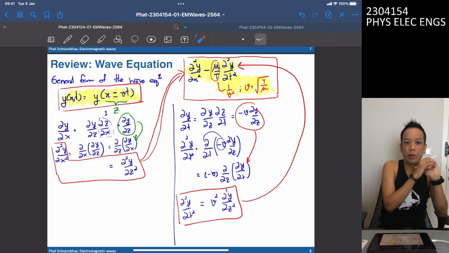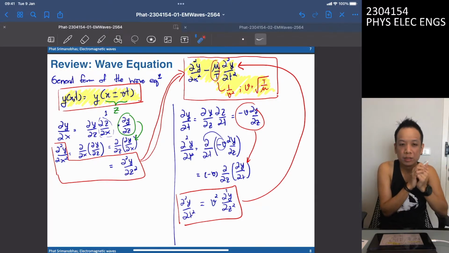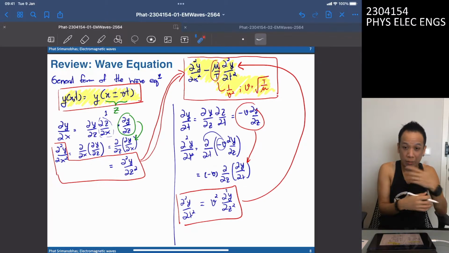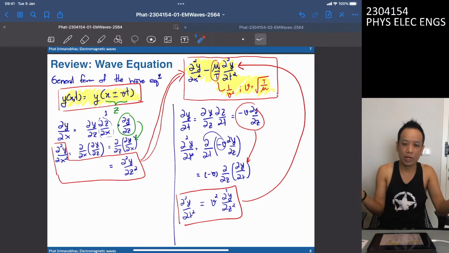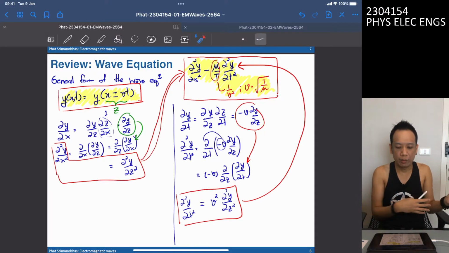If you are talking about a wave, it's any function written in x minus vt, or y minus vt if it's traveling in the y direction, which is fine, okay? Or z minus vt if it's traveling in z, or plus and minus vt if it's traveling in the z or minus z directions.